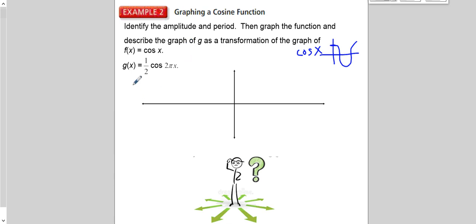So we want to find A. A is 1/2. What's B? B is 2 pi. So then find the period.